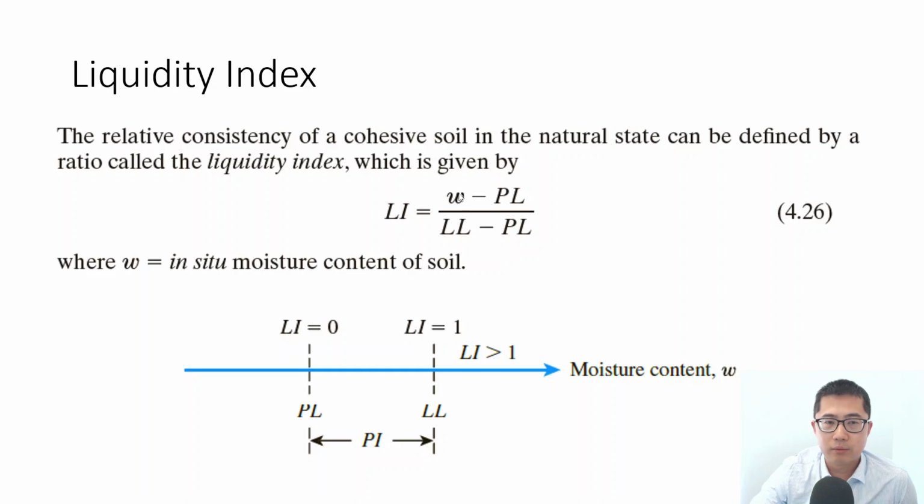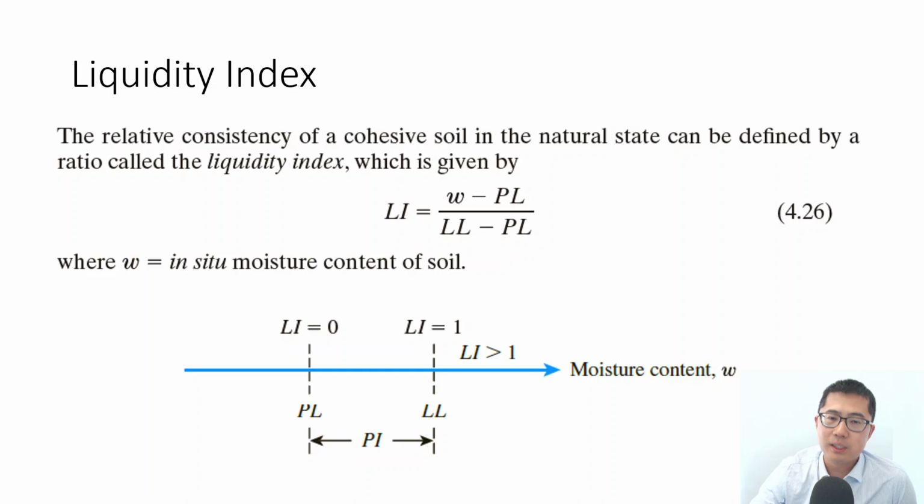The definition is pretty straightforward. You have omega, which is the moisture content of the soil in its natural state, or sometimes I call it the in situ state. You get a soil sample from the field, you seal it up to make sure you won't lose any water, and you take it back to the lab.